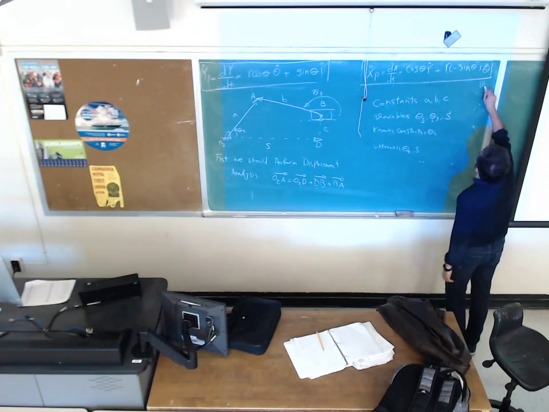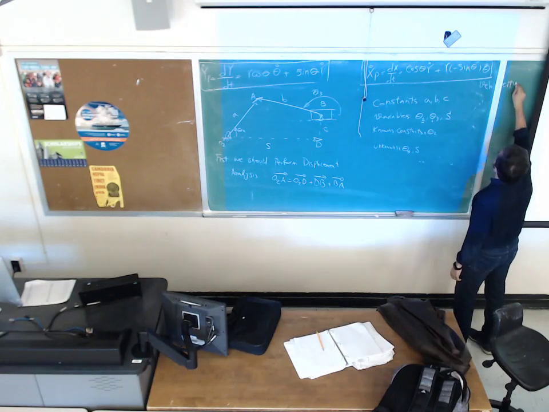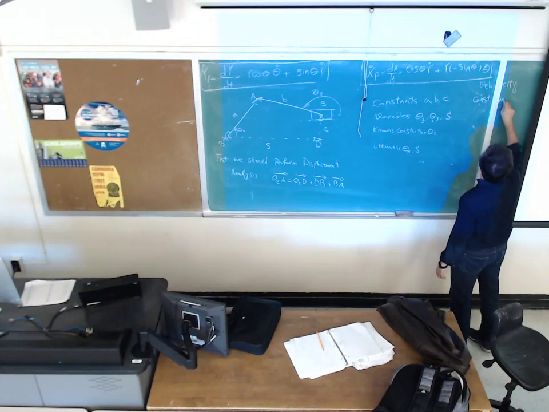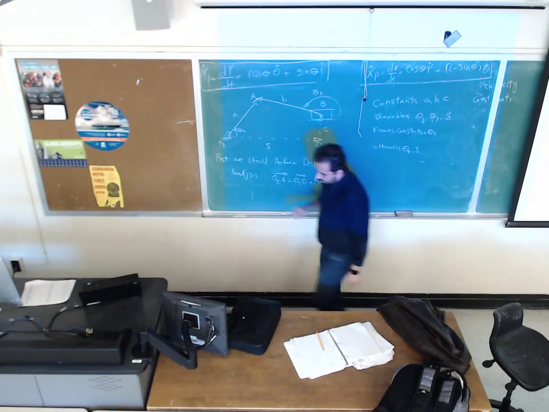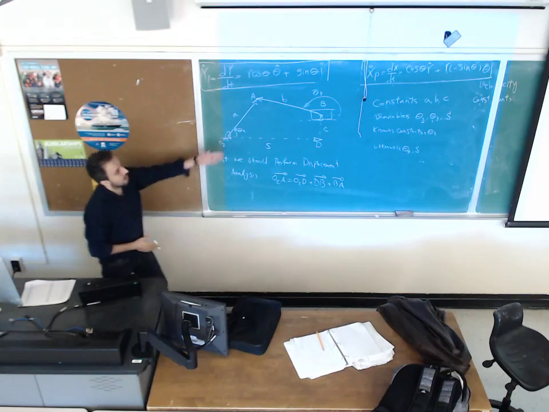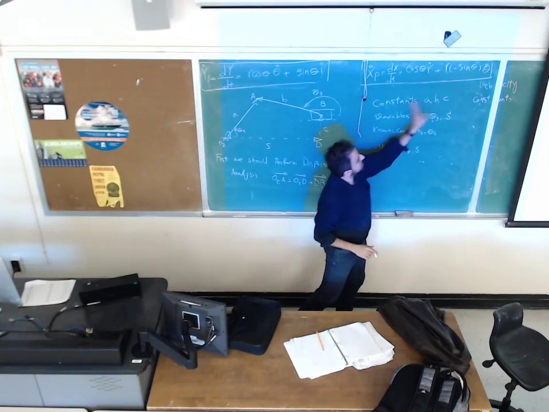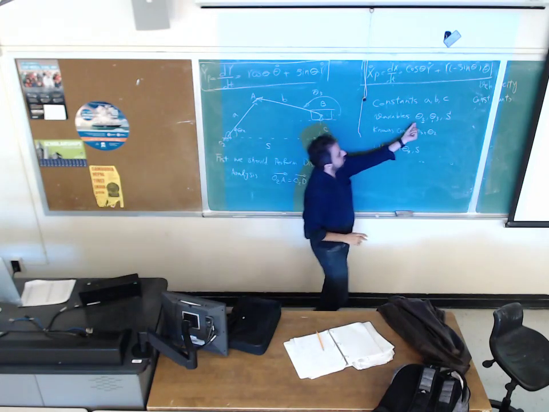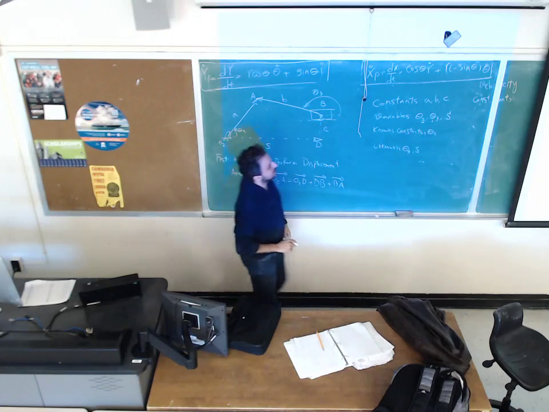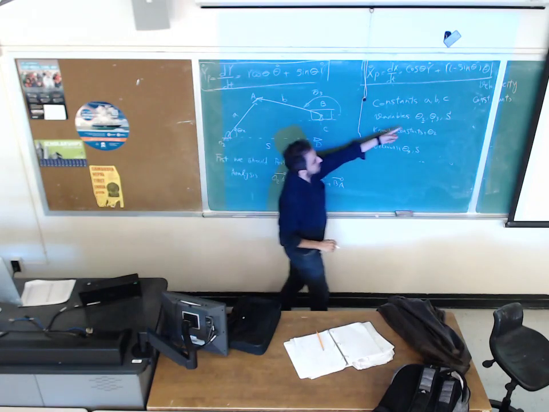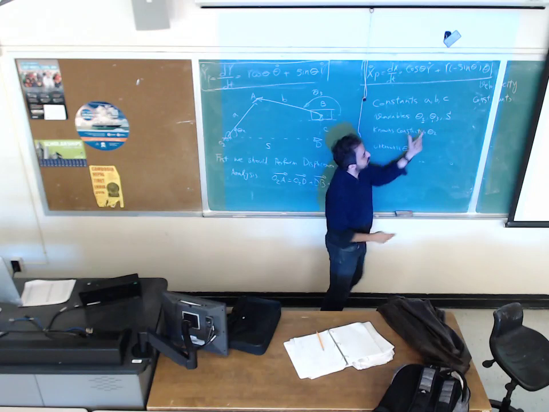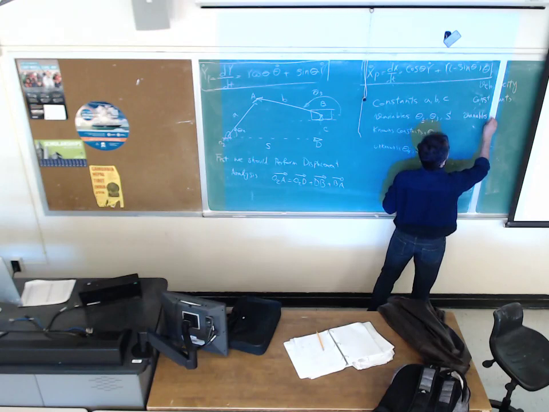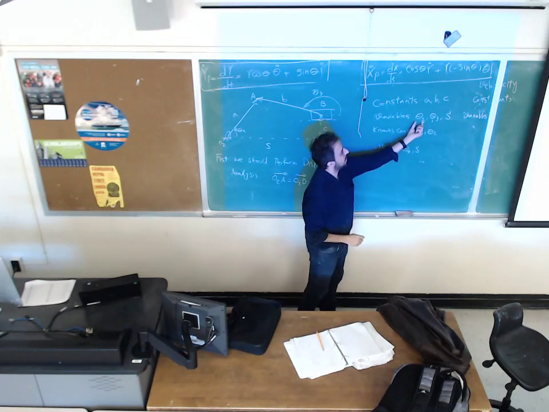So for velocity, now we are ready to do velocity analysis. Constants would be the same. A, B, C is constant for velocity. Variables: whatever are the variables in displacement analysis, their derivatives with respect to time would be variables here. So theta 2 is variable here.